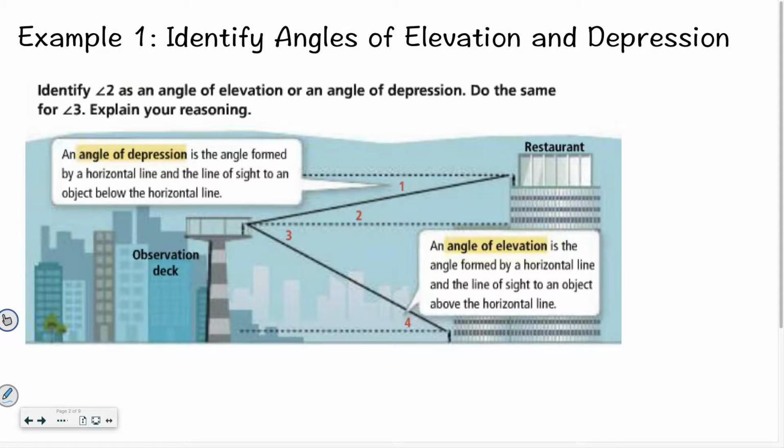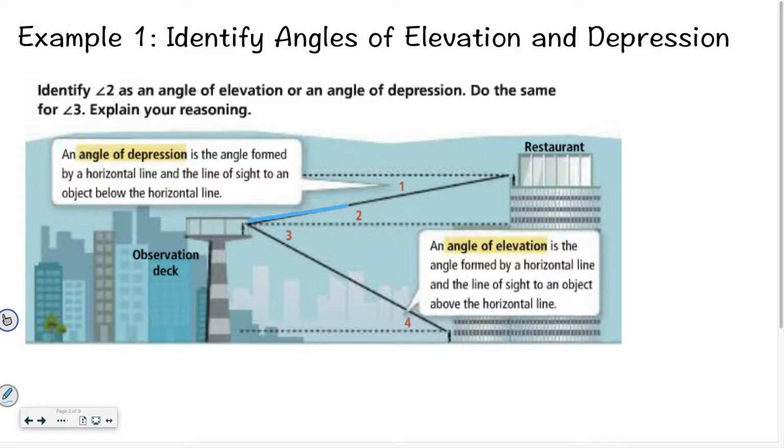An angle of depression is formed by a horizontal line and the line of sight to an object below the horizontal line. Let's say you are standing and you look down at something. It's like there's an invisible line between your eyes and whatever object you're looking at.